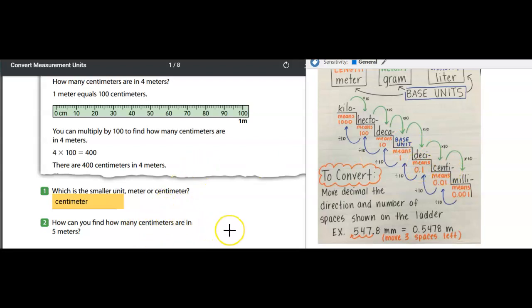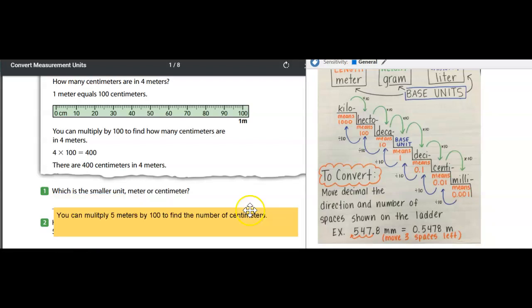Now question 2 says, how can you find how many centimeters are in 5 meters? Take this time to think of what your answer would be. Press pause, work it out on your packet, and write your answer in the space provided. So your answer should state you can multiply 5 meters by 100 to find the number of centimeters.